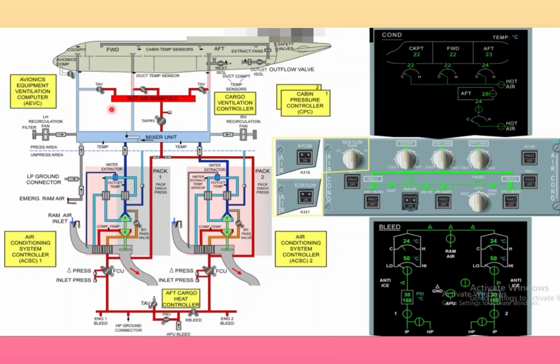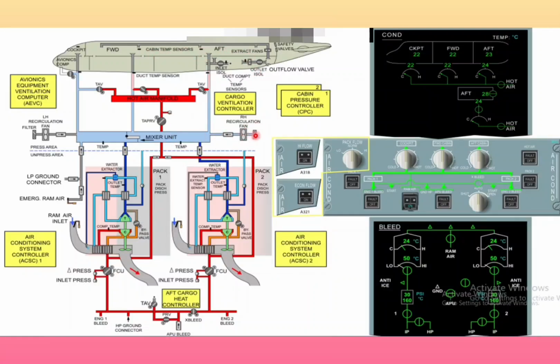This is a pack flow control valve, and you can see how the duct is connected to the relevant area, and there is also a ventilation system, which we'll discuss in the next part.